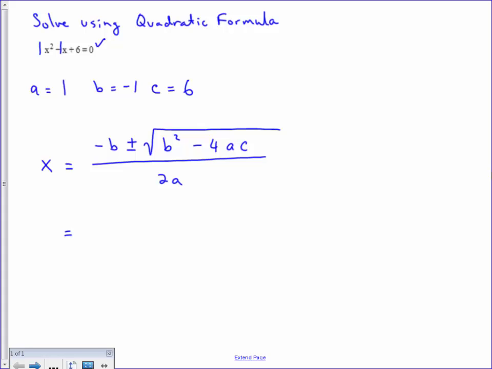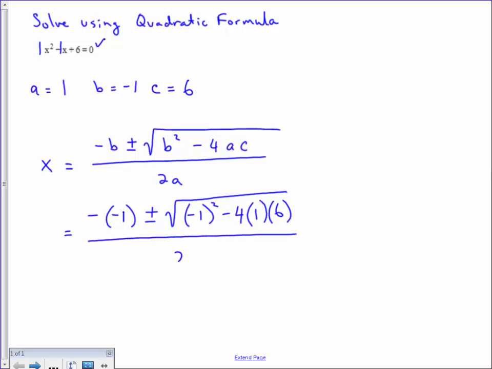So in the formula we have -b, so we would have negative, and then parenthesis, -1, close parenthesis, plus and minus square root b squared. So it would be -1 squared, make sure to use parentheses, and then minus 4, the a value is 1, the c value is 6, and then all this is over 2 times a, which is 1.